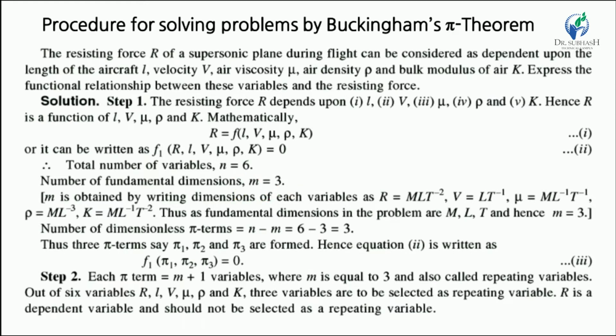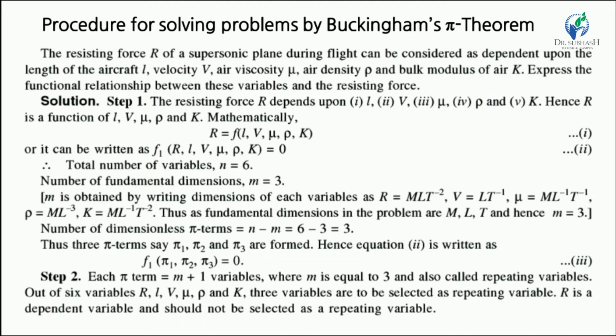Now we have to decide the number of Π terms, which is given by n minus m. n is the number of variables, which is 6, and m is 3. So 6 minus 3 is equal to 3. So we have to take 3 Π terms to solve this problem.